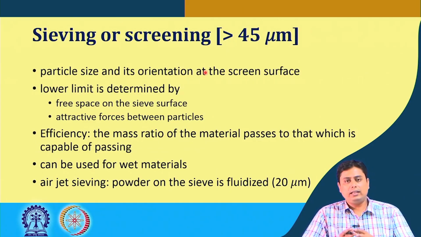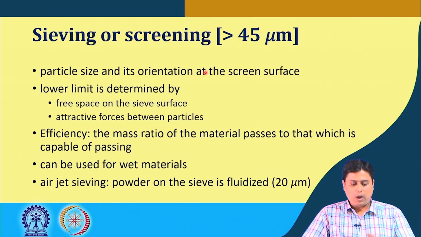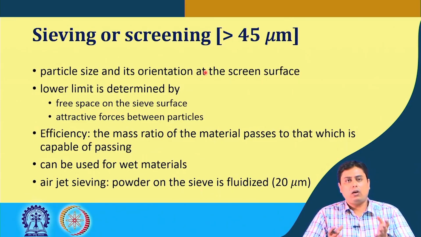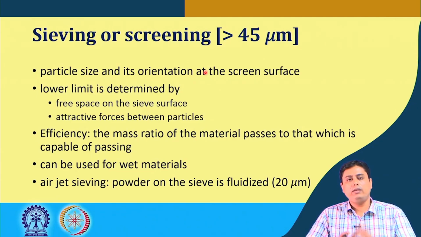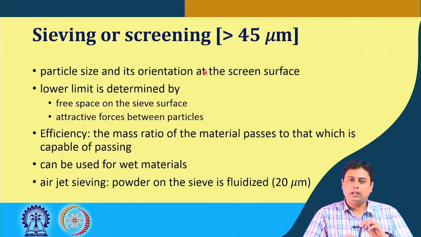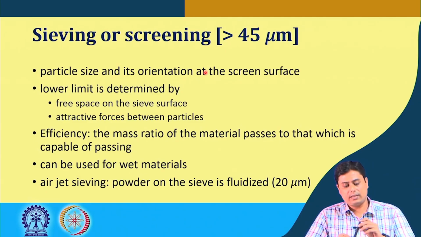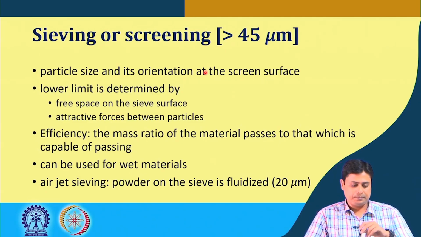And the other thing is that as you go smaller and smaller in the aperture size, the attractive force between the particles becomes dominant, the van der Waals forces become dominant. So, it tries to agglomerate and clog the aperture, and that is why this vibration or shaking operation helps sometimes to get very fine particle size that should go through the aperture, or its size determination by the size separation.